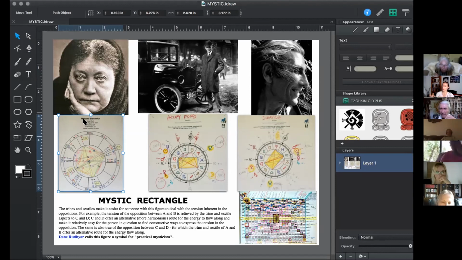You are integrating the most personal, individual things with the most global energies in this mystic rectangle. For example, we've got trines between Moon and Pluto, between Neptune and Sun. I'm not seeing it very well, but I hope I'm not making a mistake. And then the sextiles between Pluto and Neptune, between Sun and Moon.